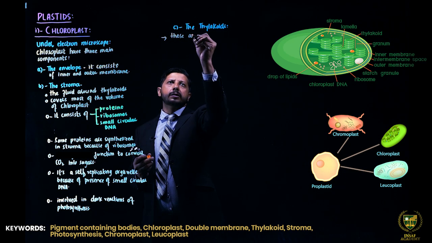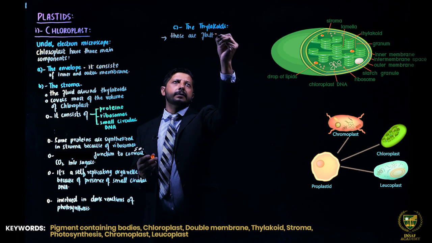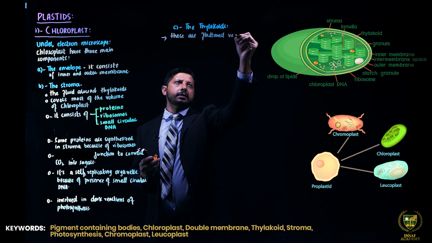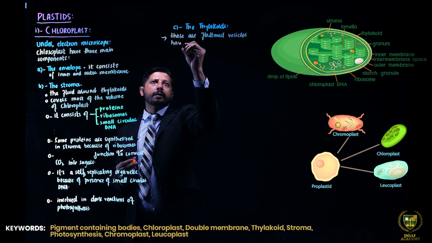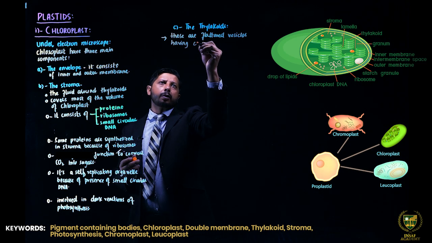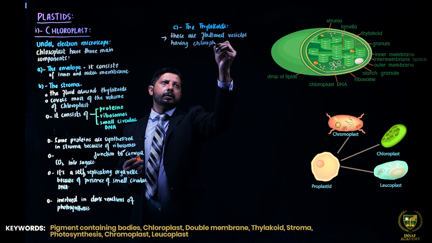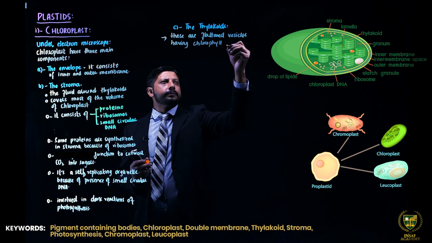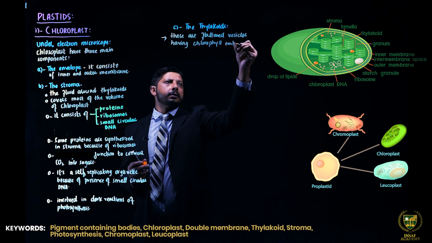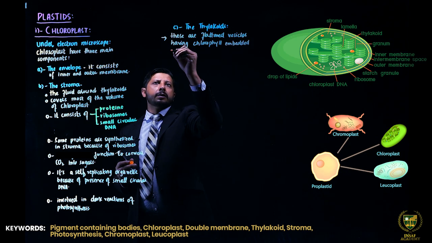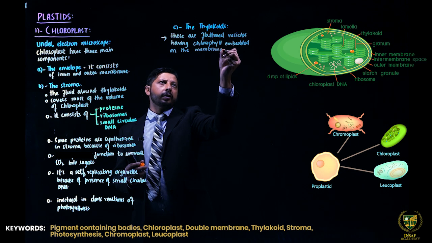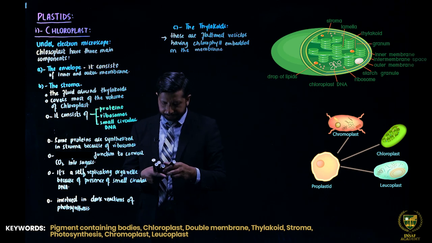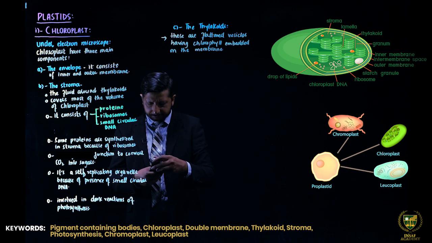These are flattened vesicles having chlorophyll embedded on the membrane. Clear?